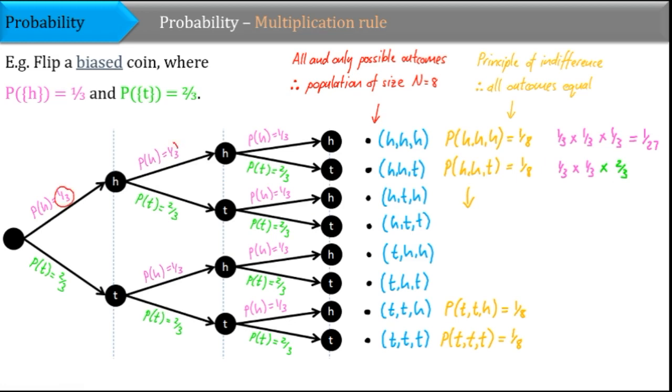And that gives us 2 over 27. Then we carry on in that way. The last two, we get 4 over 27 and 8 over 27. And that's definitely not equal to the 1 over 8s, right?